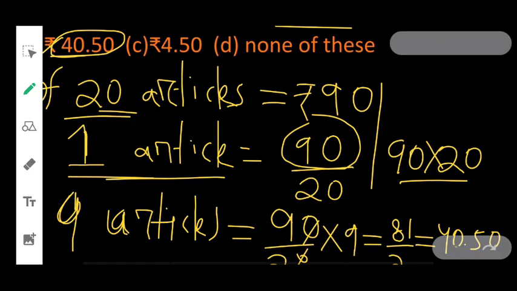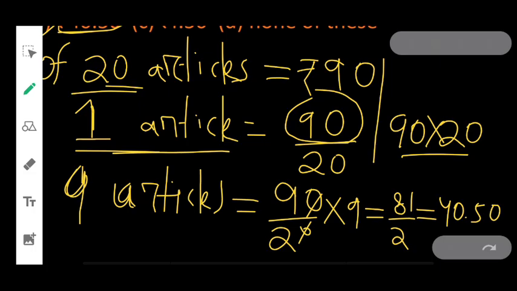Then when you are finding the value of a certain quantity, in case of direct variation, you have to multiply that quantity by the value of 1 article, the value of 1 unit.